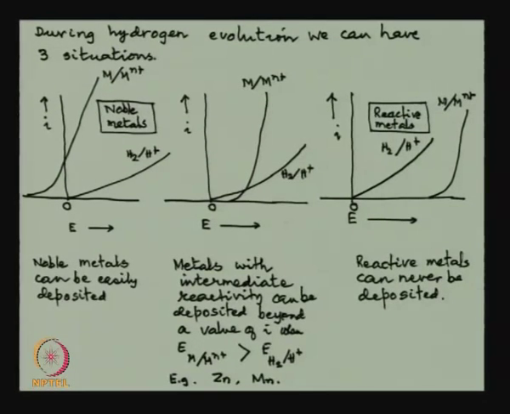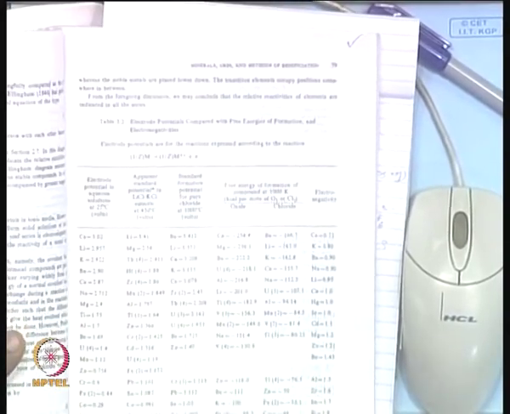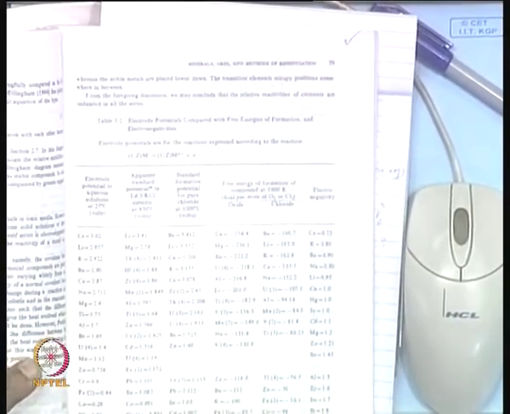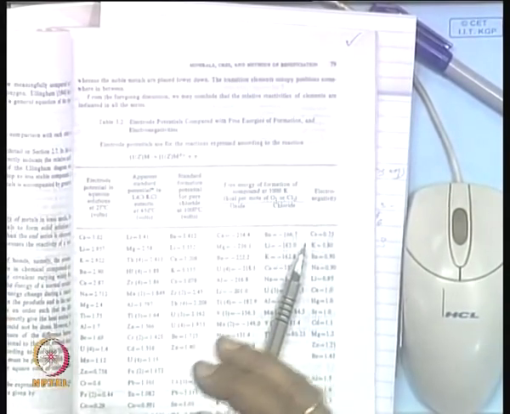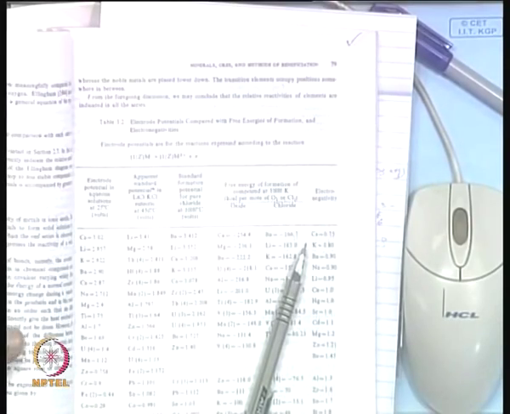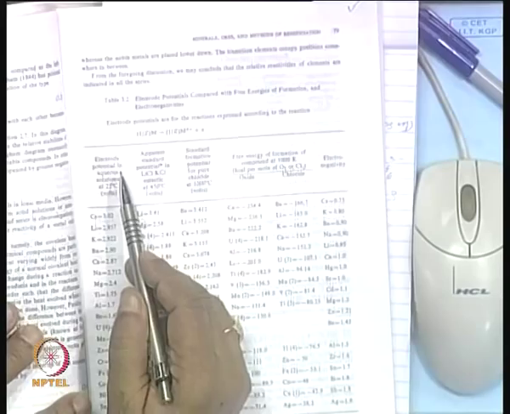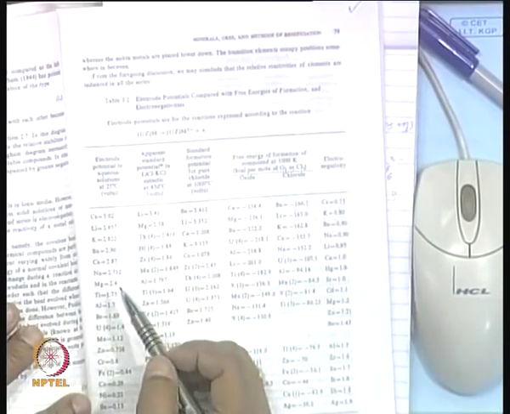Right in the very beginning, if you can look at what we have here. Remember, in the very beginning of my course, I had said that all metals can be arranged in terms of reactivity, and one common way would be in terms of electrode potential in aqueous solutions.